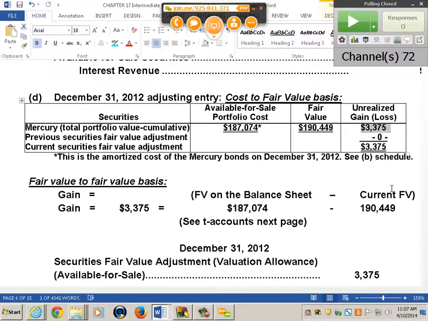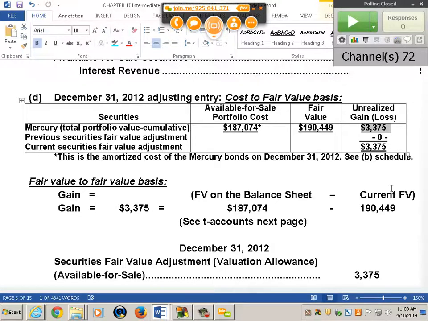I will have to write this asset up. I need to debit the asset for the amount of the gain. So in this case, I need to debit the asset for $3,375. I'm going to do that through the valuation allowance. I am not going to debit the asset account directly.